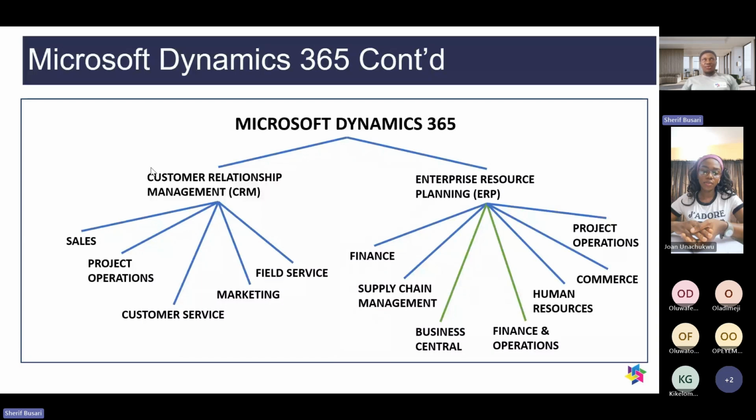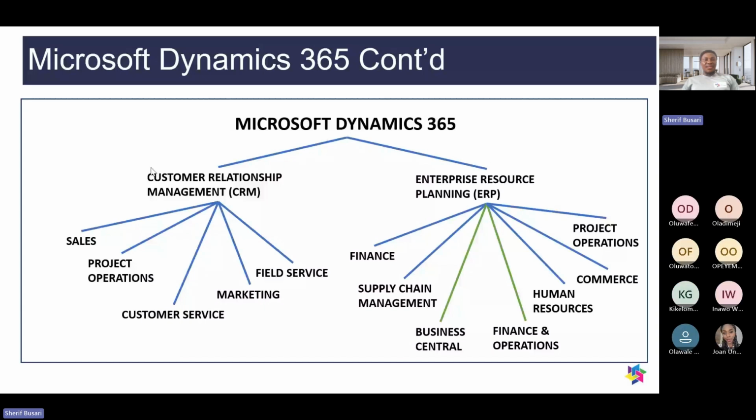It helps us to interface and then streamline our activities and processes around managing our customers, and the sales and marketing and things that involve interacting with our customers. The other side is basically the in-house activities within the organization.